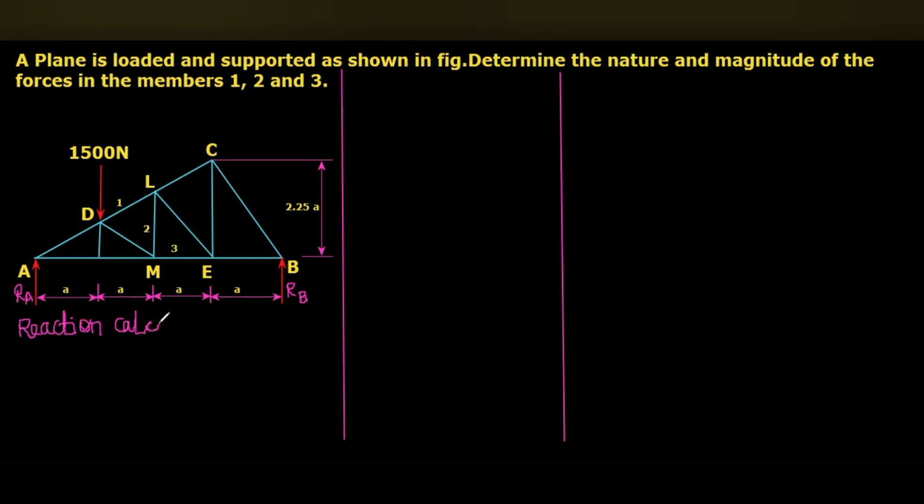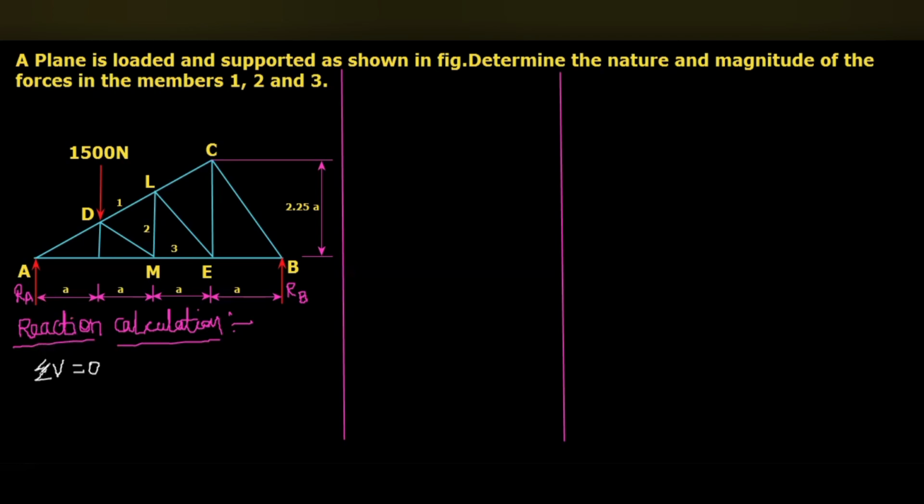If it is in equilibrium, then we can use the equilibrium principles such as summation of vertical equal to zero, summation of horizontal equal to zero, summation of moment about any point equal to zero. Here there are no horizontal forces. So we are going to consider the summation of vertical equal to zero, and summation of moment about any point, preferably the point A, equal to zero.